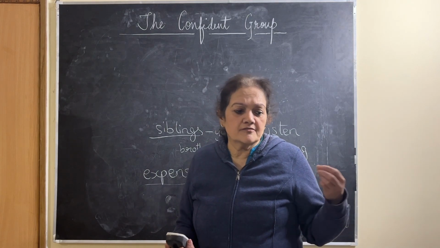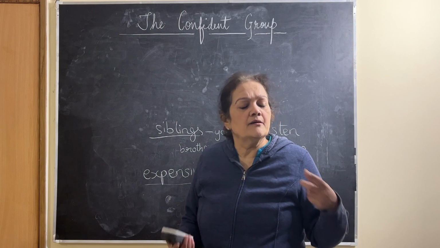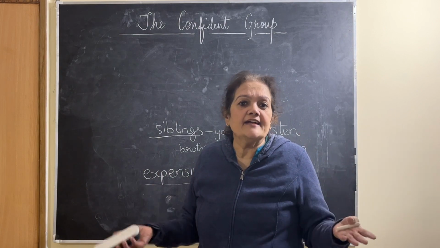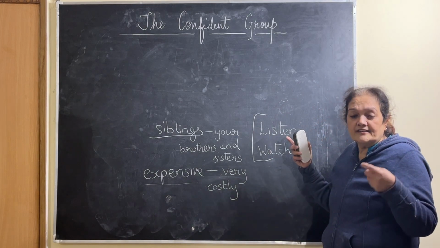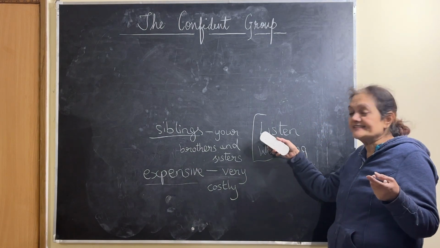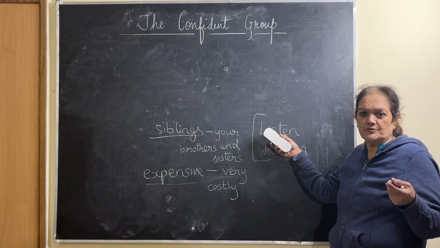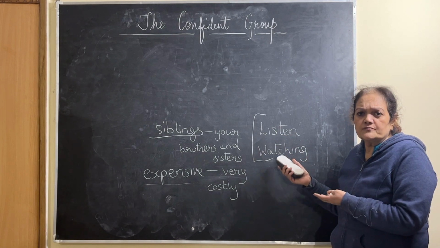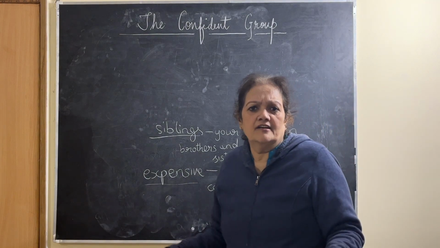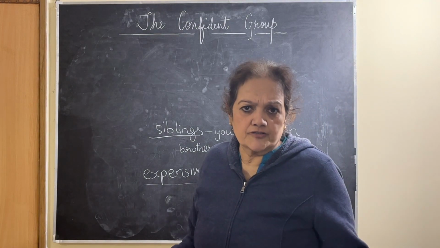These are books which very small children read, but it doesn't matter. We have to read and improve our reading. So you can read or you can listen to these stories. Both will help you, and you can watch a cartoon movie. So this is going to be a fun way of learning English. You're going to enjoy it also.